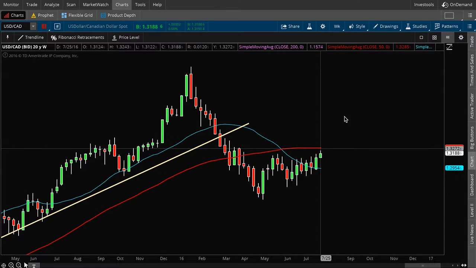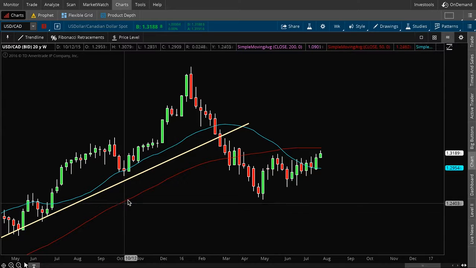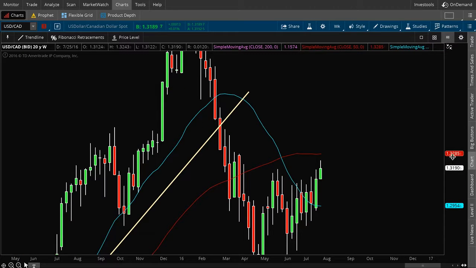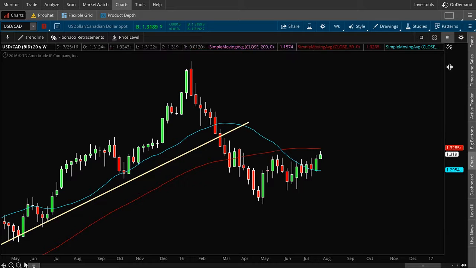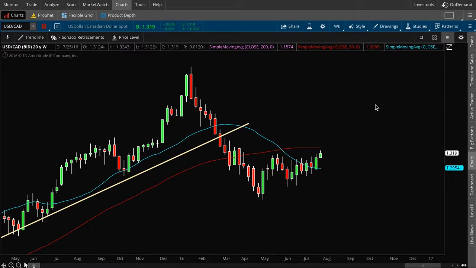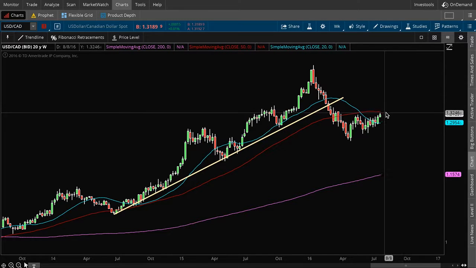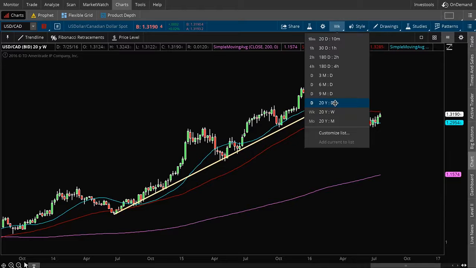Price is moving right into that 50-day moving average, that red line that you see here. And that stands at 132.85, all right? 132.85. So I don't have an exact level that I like it at, but you guys know what area I'm looking at. All right. So that's the weekly.